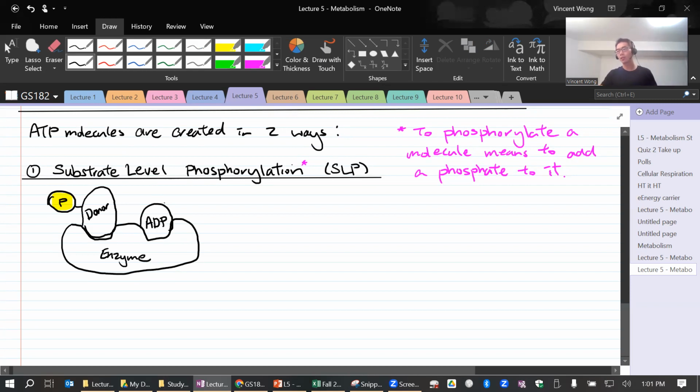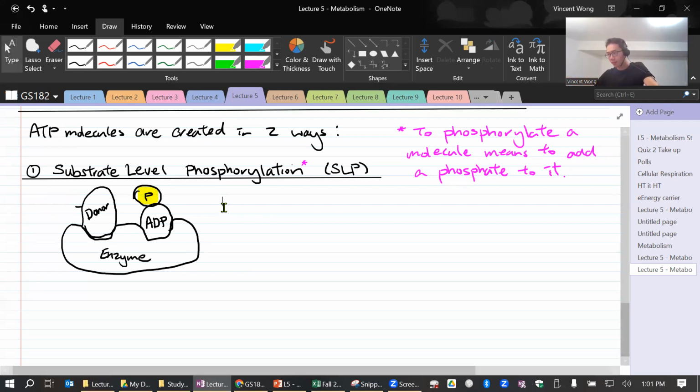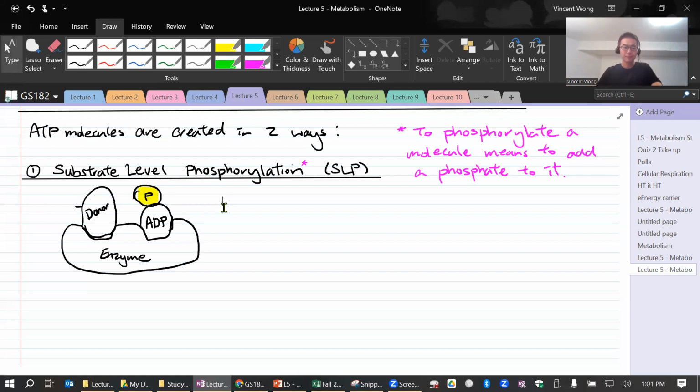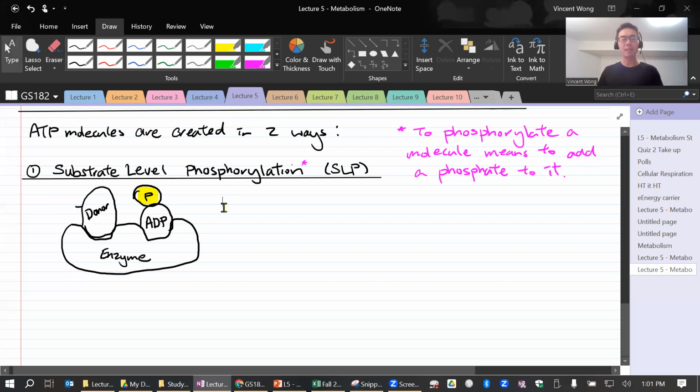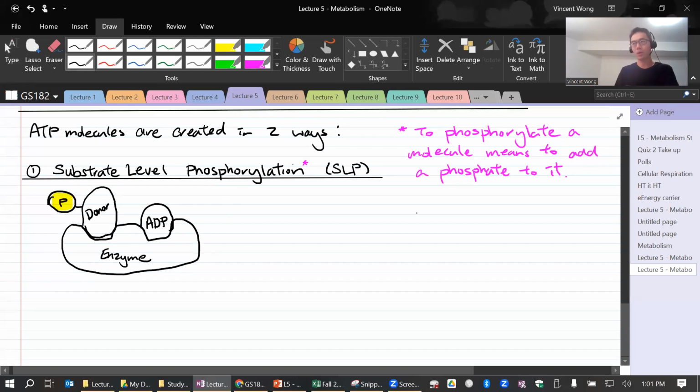So essentially, this is what happens. Take a look first. The enzyme will grab the phosphate from the donor, and then it will transfer it onto the ADP. What does ADP become after it picks up a phosphate? ATP. That's right, it becomes ATP, so that's how you generate ATP. That's one way anyways.